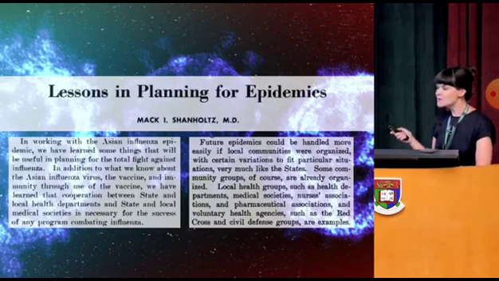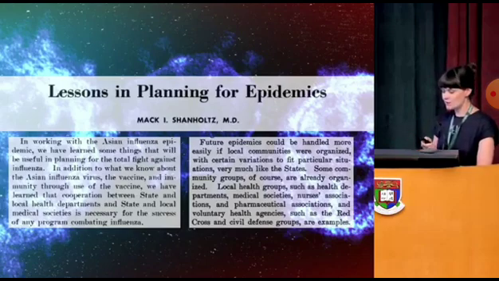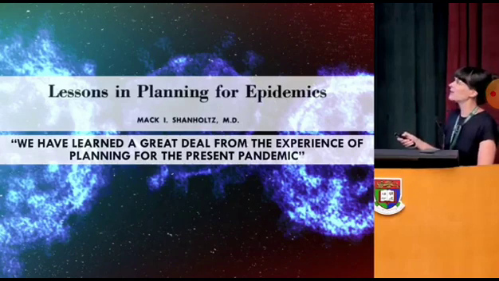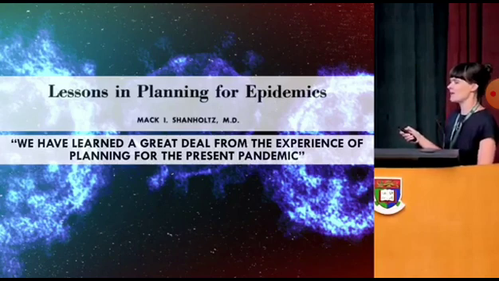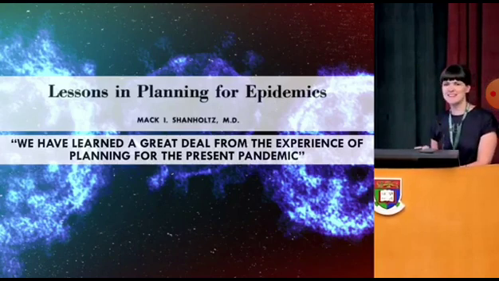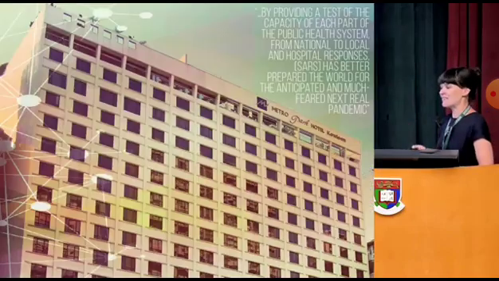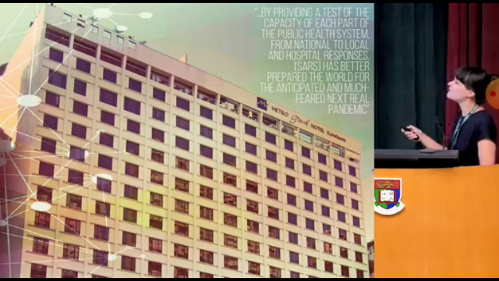And this paper also marks the beginning of what I call the pandemic lessons overconfidence era. One of the first sentences in the article is, "We learned a great deal from the experience of planning for the present pandemic." And obviously they didn't, because you know what kept happening? More pandemics. We fast forward to 2003 and SARS, and we get more of this pandemic overconfidence.